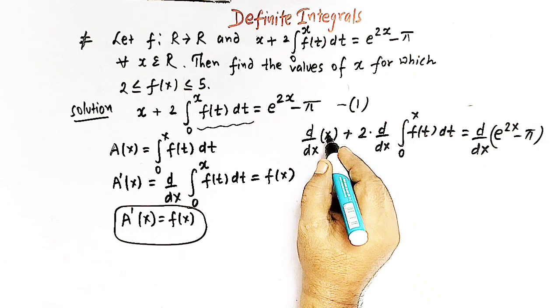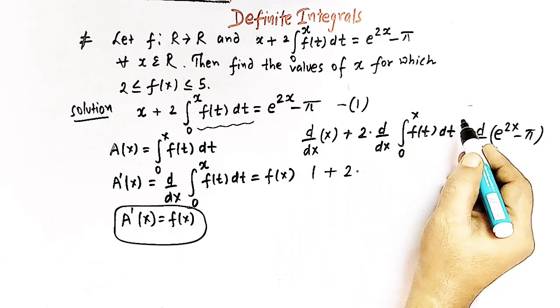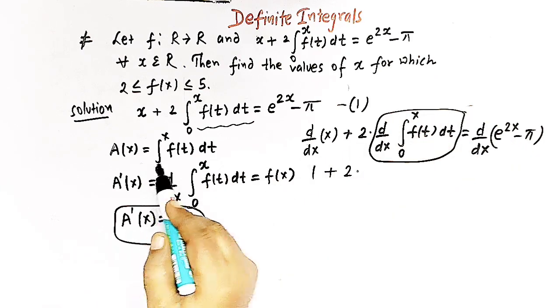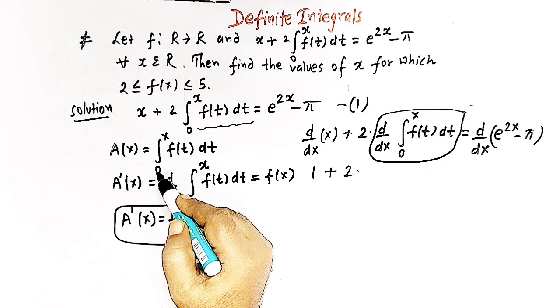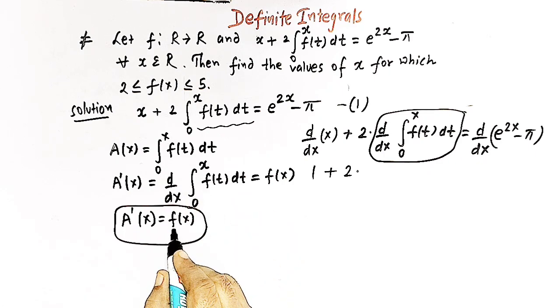Now the derivative of x with respect to x is 1, and here we have 2 times, using this result, the derivative of the integral 0 to x f of t dt is equal to f of x.